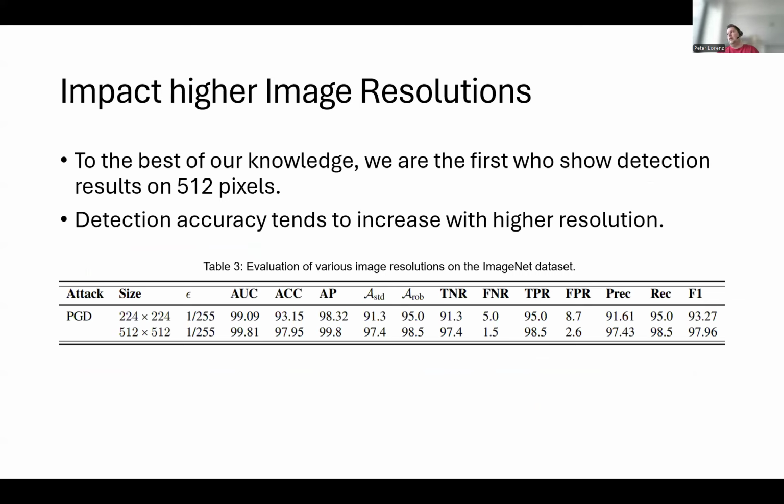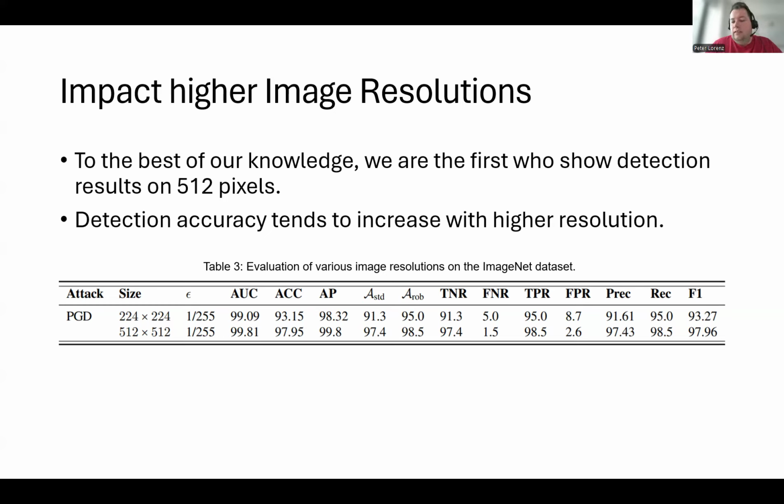Okay, increase again the image resolution. Now we want to know if our method on an image size of 512 by 512 is also very effective. And our method shows an accuracy of over 90%, which is even an increase of 4% over the standard ImageNet size.